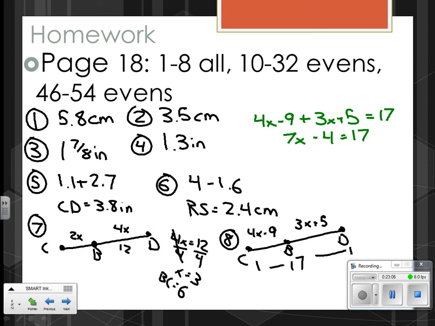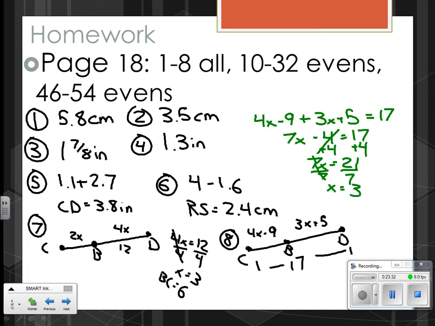I simplified a little bit by combining my like terms. Any questions on that so far? Okay, now we're in algebra mode. How do I get the x by itself? Okay, first step, I want to add 4 to both sides. So 7x equals 21. Last step, and x equals 3.